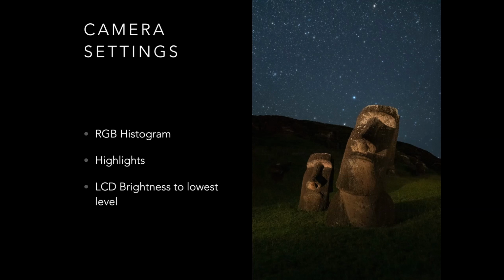We're going to cover that in a second. But it is still important to make sure that you're not losing too much in the shadow end, and definitely that you're not blowing out your highlights. You can use your histogram to see that. If you have a highlight warning indicator on your camera, like the blinkies, we call it, you can use that.